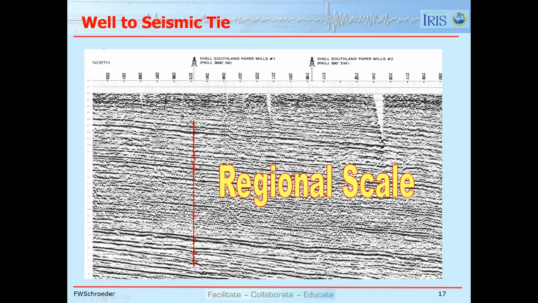Great. We have a question from Nicholas, who asks, what scale is reasonable to extend your depth conversion in the horizontal direction between well control? I think what I would tend to do is use the depth control that I have from check shots or VSPs and calibrate that to the stacking velocities. Typically, stacking velocities run a little high.